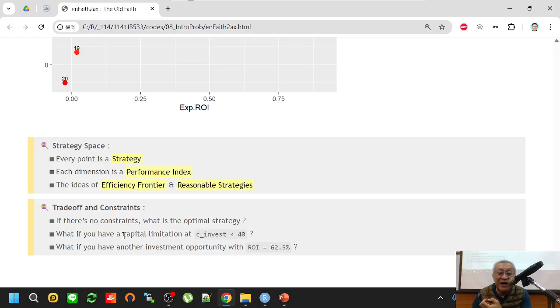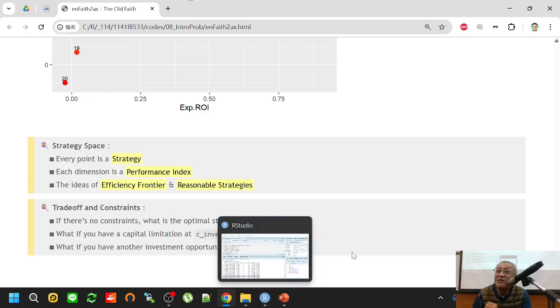But sometimes you will have a capital limitation. For example, your investment cannot be higher than $40. And sometimes you will have another investment opportunity with a higher ROI.